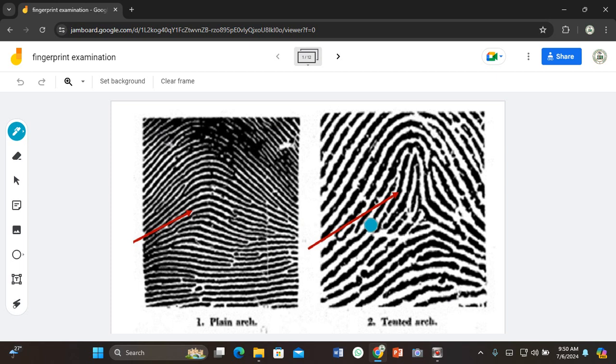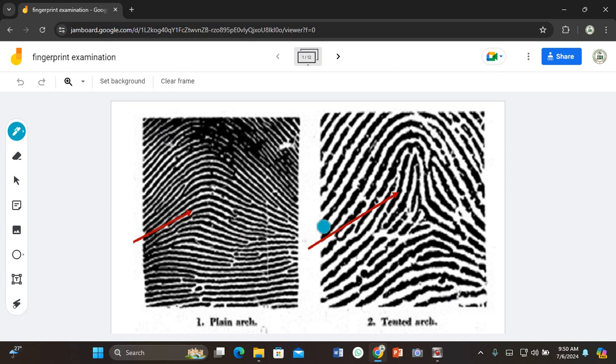If you look at the screen, the two prints that you have on the screen, the first one and the second one, the lines are going in on one side and they are going out from the other side of the print. But both of them are loop. That is characteristic of any loop. That is, the lines are going in from one side and going out of the other side of the finger.